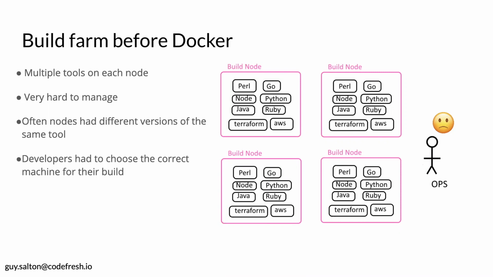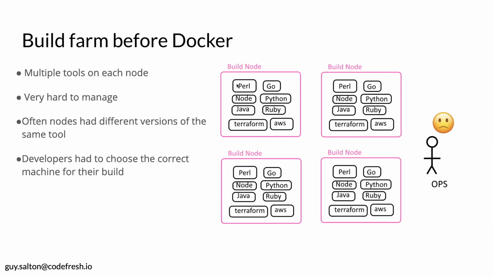And because sometimes different teams use different tools and sometimes different versions of the same tool, let's say I have one team that needs Java 5 to build their legacy application, and I have another team that needs Java 9.